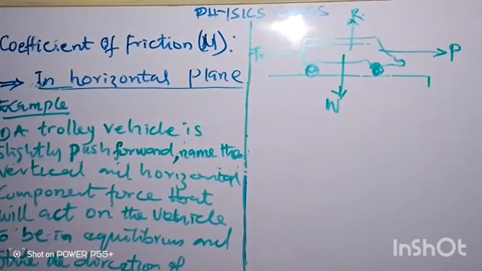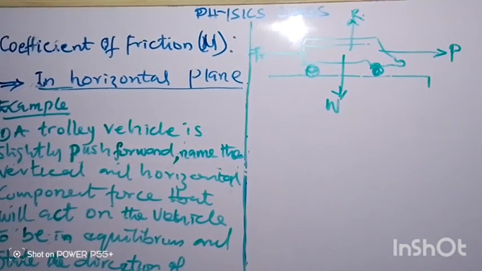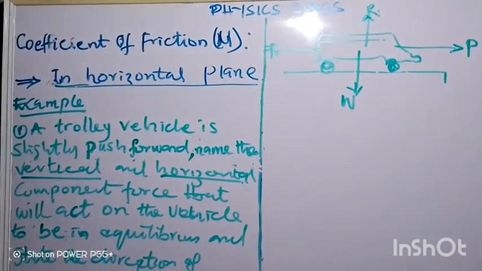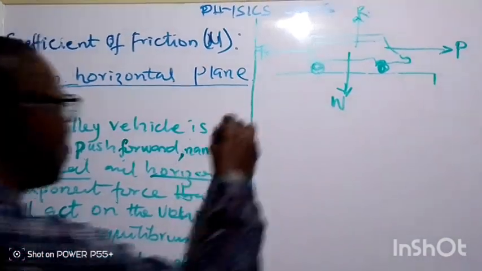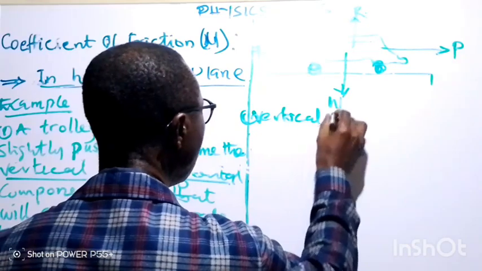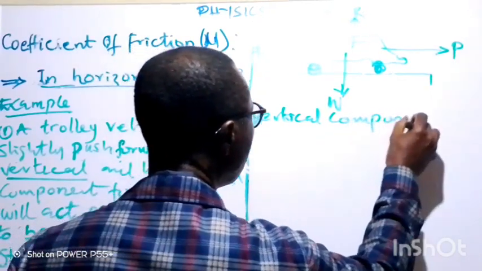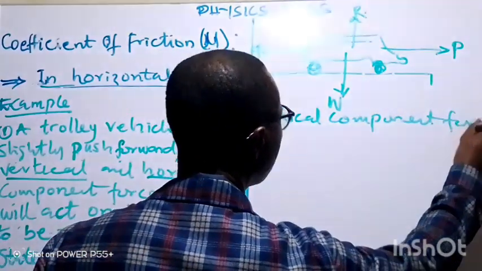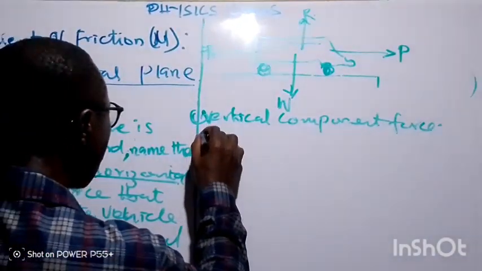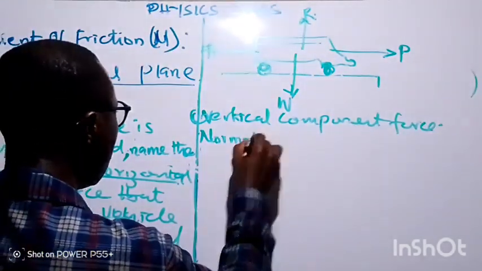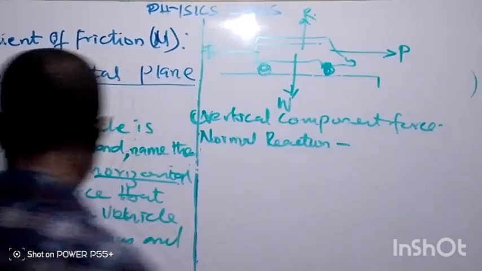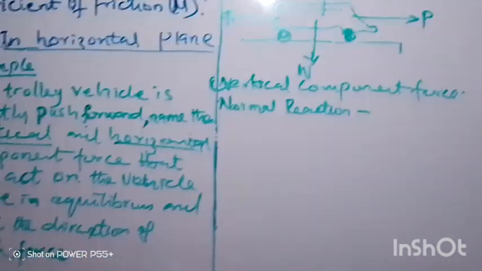Now, the question says to name the vertical and horizontal component forces. The first one, vertical component force: the first is R, which is the normal reaction. And the question says we should state the direction.